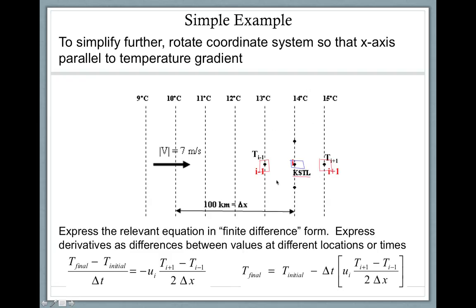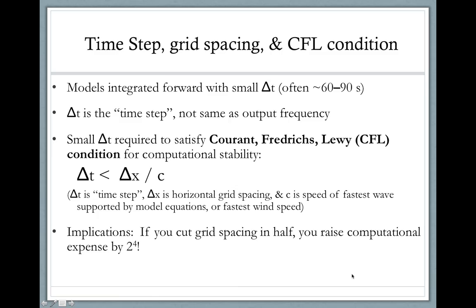But this whole prediction is predicated on the fact that we can't have air move through an entire grid spacing in one time step. And that number out in front of our prediction equation that we saw a couple slides ago was u times delta t divided by 2 delta x. That parameter is called the Courant number.